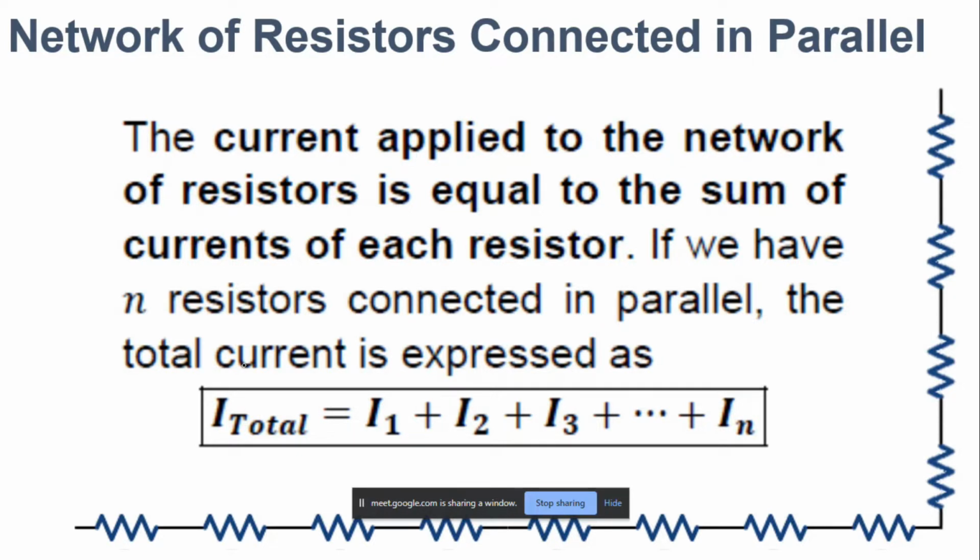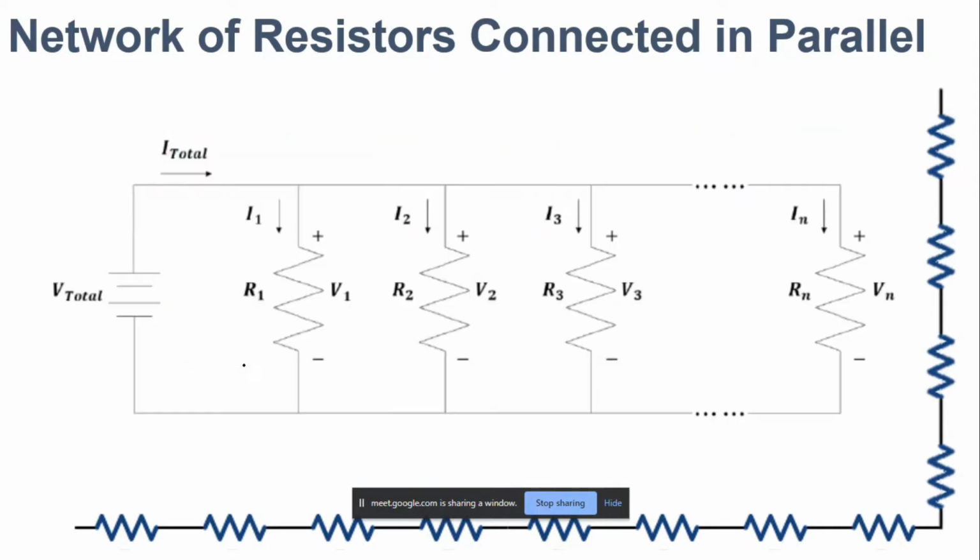So, same is true po sa ating network of resistors connected in parallel. For us to get the total na current, we have to just get the summation of all the currents in our network. But then, with respect to our current and our voltage, for the network of resistors connected in parallel, say for instance, given this network, ang ating pong mga individual current, magkakaiba po sa current na nag-flow across sa ibang resistor.